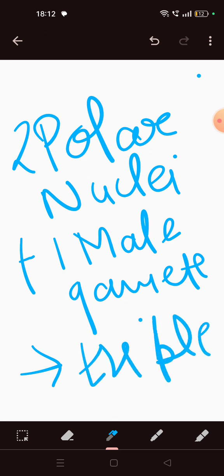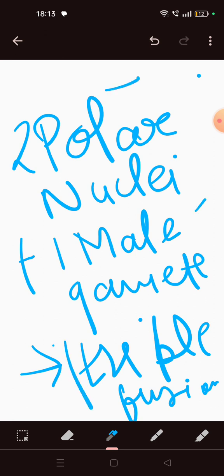Three things, so triple fusion. This is what we have learned. When the polar nuclei fuse with one male gamete, this is the triple fusion. Now what is the product of this triple fusion? Let us look at the product of this triple fusion.